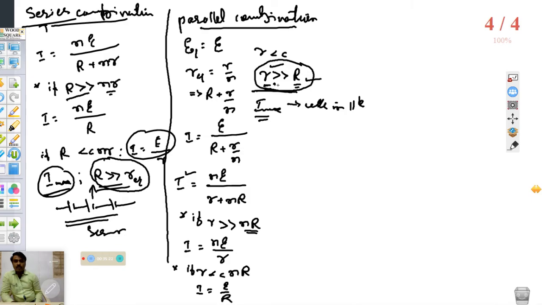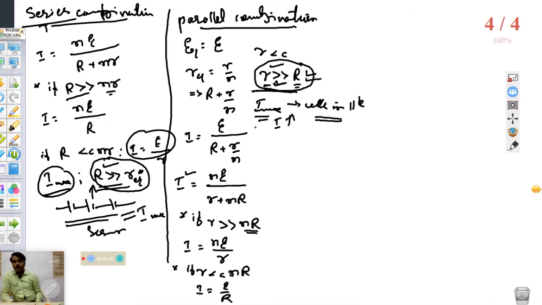I repeat, if the internal resistance is more than the external resistance, the cells should be connected in parallel to get the maximum value of current. At the same time, if the external resistance is more than the internal resistance, the cells are connected in series to get the maximum current.